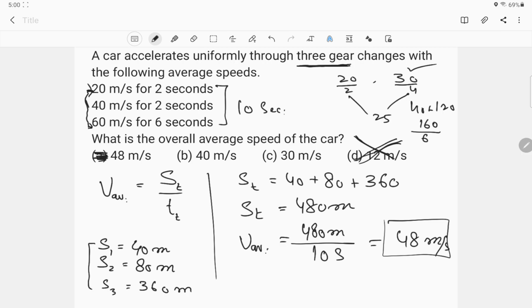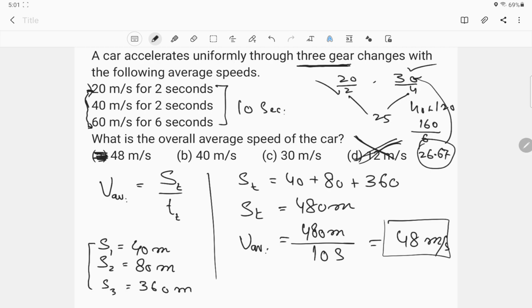When you divide 160 by 6, the value must be greater than 25, because 150 divided by 6 is equal to 25, and I'm going to share the exact value: 160 divided by 6 equals 26.67. Now it is going closer to this value. If the body travels for a longer time for this and a smaller time for this, the velocity should be less than 25.